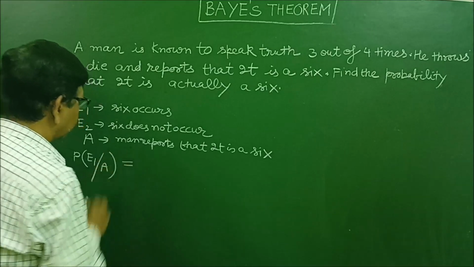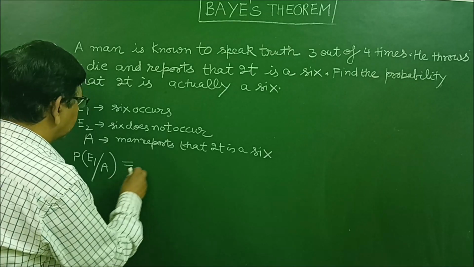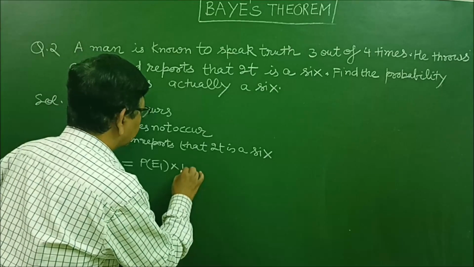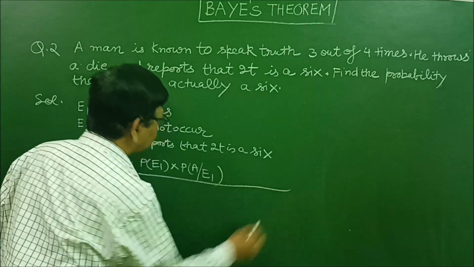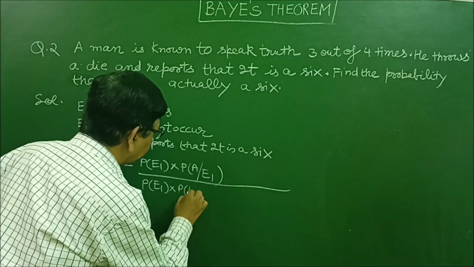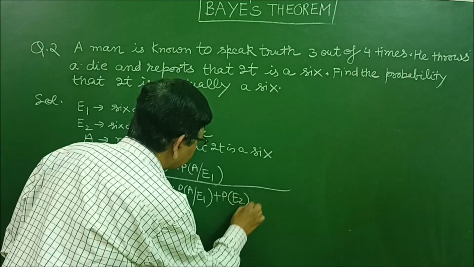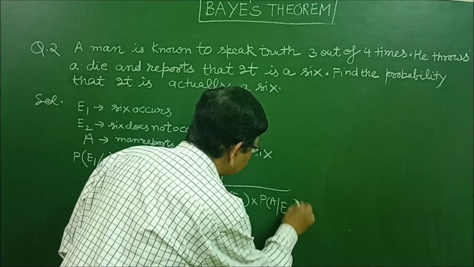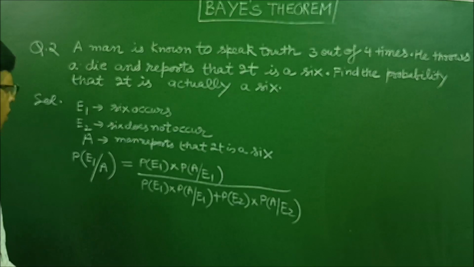So this is equal to, first let us write the Bayes theorem here, a formula for the Bayes theorem: probability of E1 into probability of A slash E1 upon probability of E1 into probability of A slash E1 plus probability of E2 into probability of A slash E2. Now let us find the various probabilities.